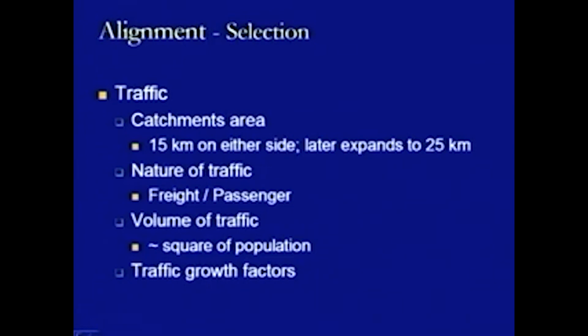And slowly it is expected that this catchment will increase to 25 kilometers on either side. It means in this case it will become a 50 kilometer patch along the alignment, where the alignment is the central point of that patch.